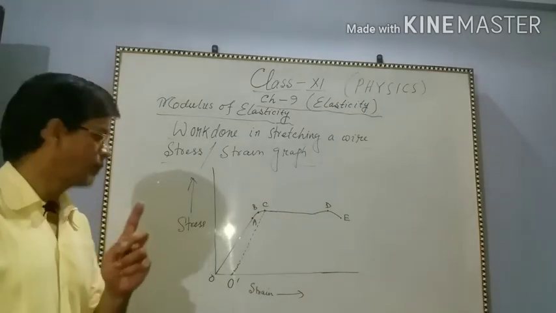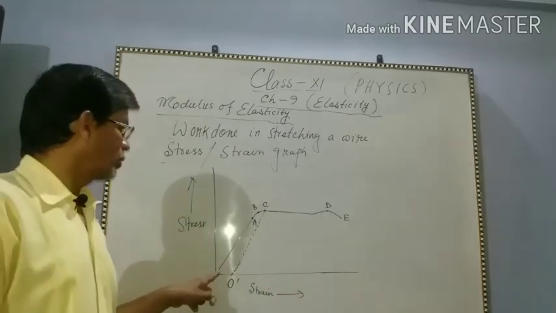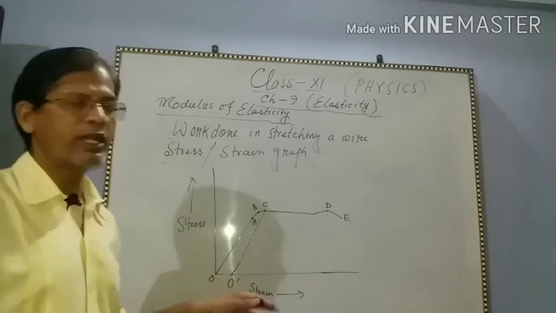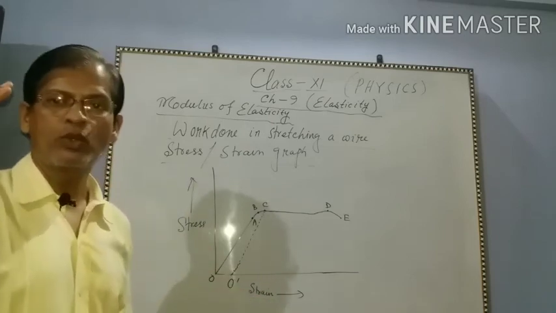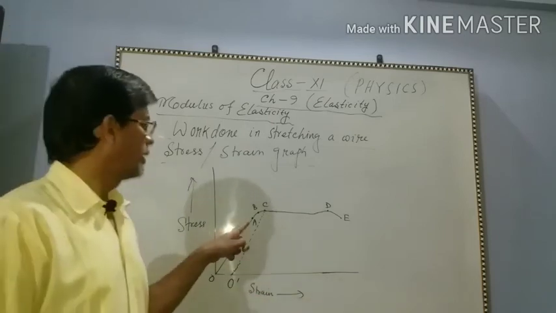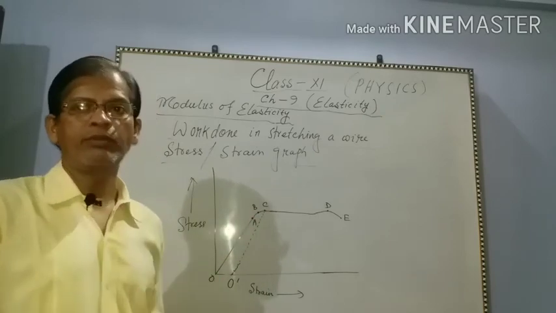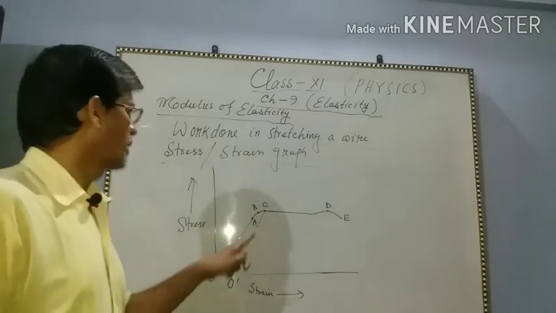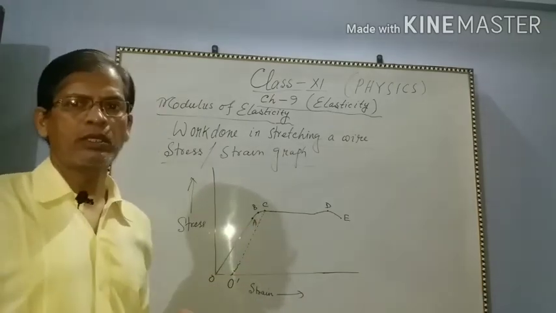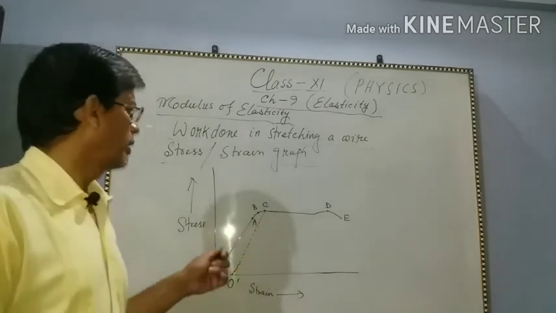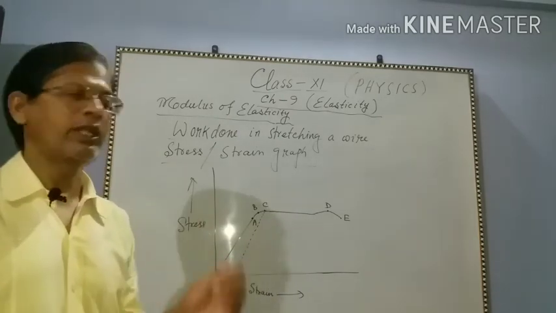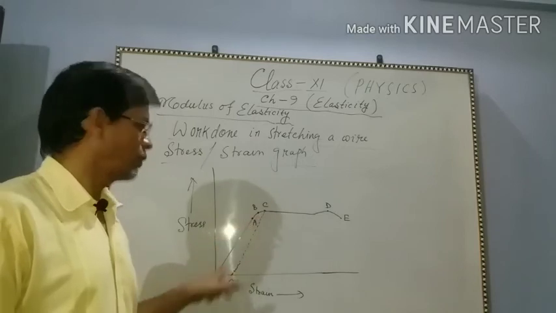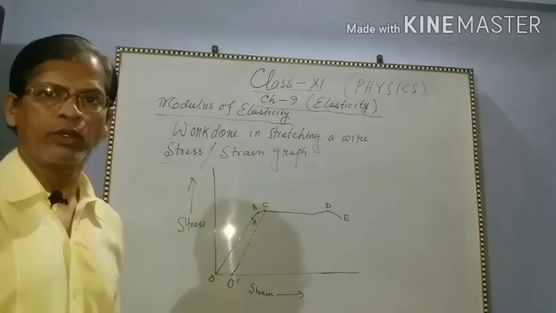What I have told: it is seen that the OA graph is a straight line, so here stress is directly proportional to strain, and Hooke's law is followed. And at point B, it is slightly bent. If the load is taken out, that means if the wire is unloaded, the graph will follow BAO.